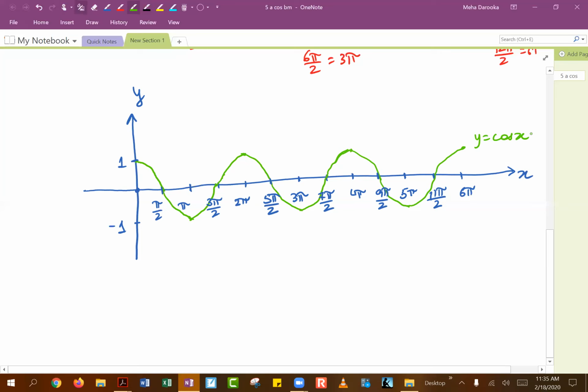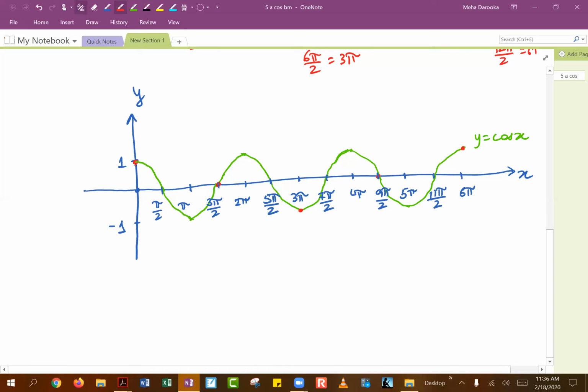Now, to show you that horizontal stretch, you will notice when we start graphing these points, we're at 0, 1, so that's the same starting point, but now our x-intercept is at 3 pi halves, so right here. And then we've got minimum at 3 pi, x-intercept at 9 pi halves, and maximum at 6 pi.